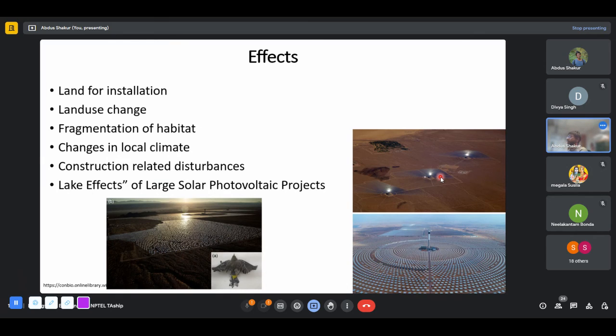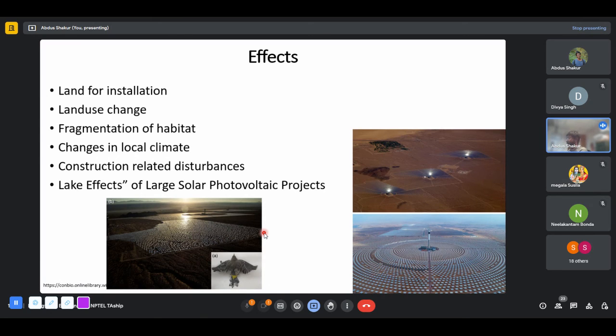So it's not that easy for animals, especially for some birds, in terms of survival. So they affect the survival, especially of migratory birds. But local wildlife can adapt to how they use these areas.